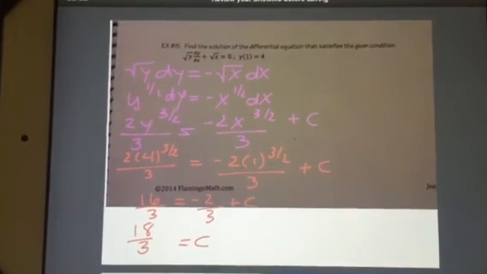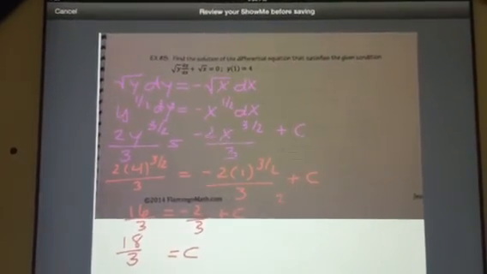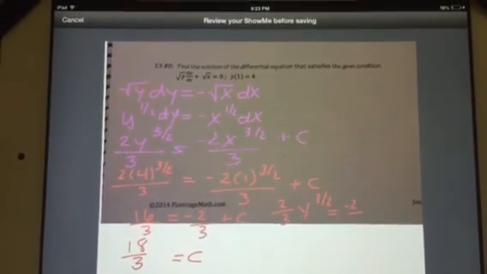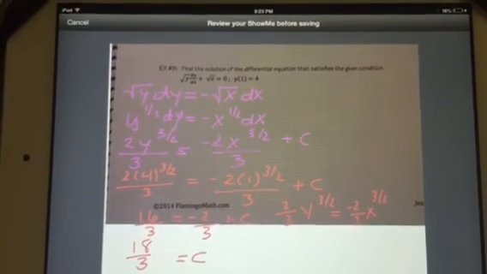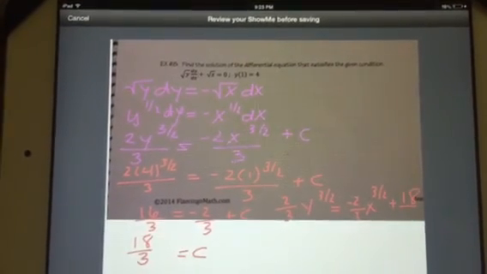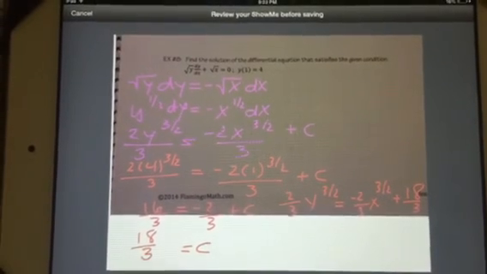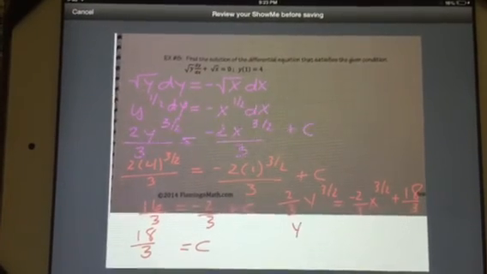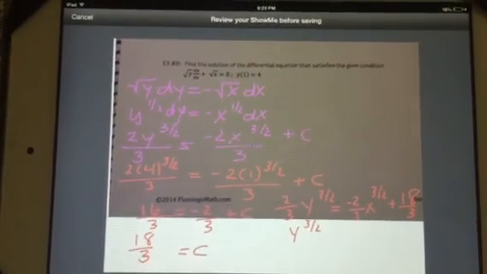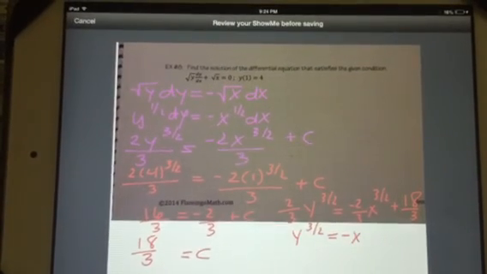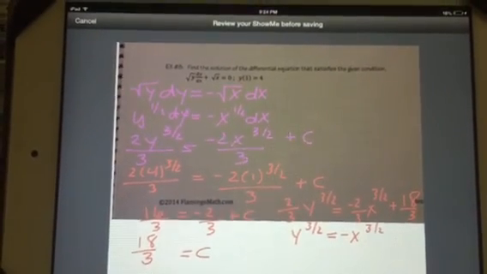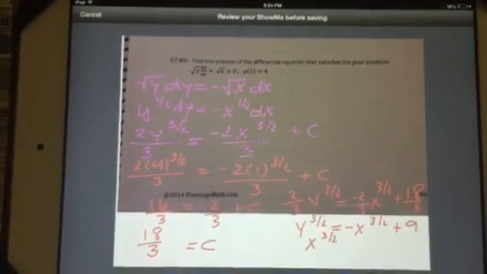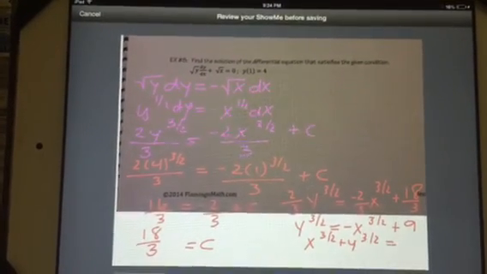So we have a solution of 2/3 y to the 3/2 equal to negative 2/3 x to the 3/2 plus 18/3. Multiply everything by 3/2. We'd end up with y to the 3/2 equal to negative x to the 3/2 plus 9. We can send the x over, so we get x to the 3/2 plus y to the 3/2 equal to 9.